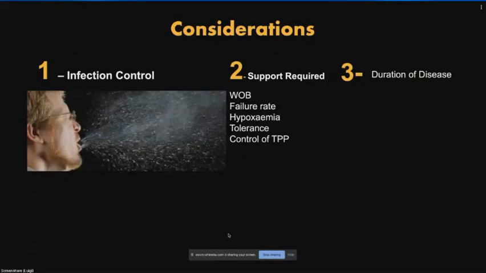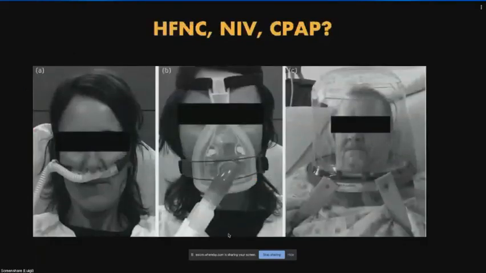But I'll tell you all about it, or a little bit more, later on in the course of the talk. And the fourth consideration is clearly resources. Resources in terms of ICU beds, in terms of staffing, availability of ventilators, and clearly oxygen. Some of these high-flow oxygen or CPAP, they use an enormous quantity of oxygen and gas, and therefore that needs to be taken into consideration.